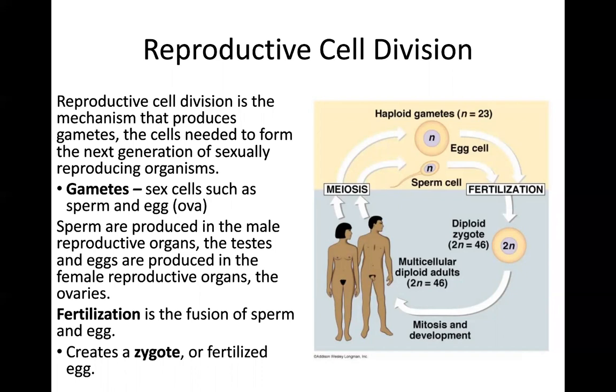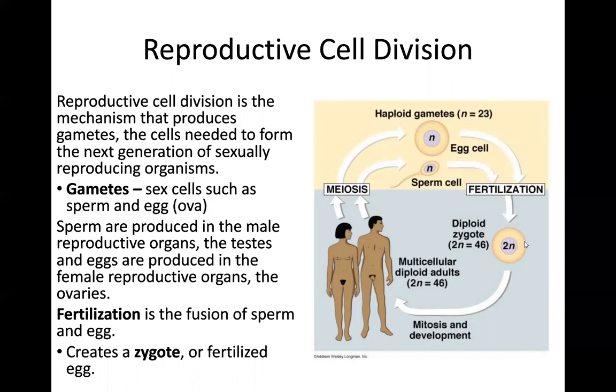They have the fancier term known as gametes. And when those unite through the process of fertilization, they fuse together, forming a zygote or fertilized egg, a single cell that we all begin our life as.